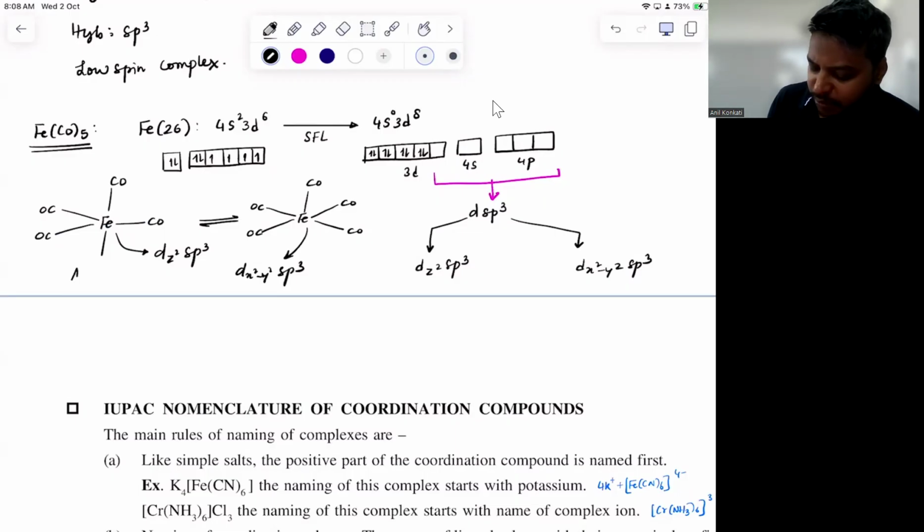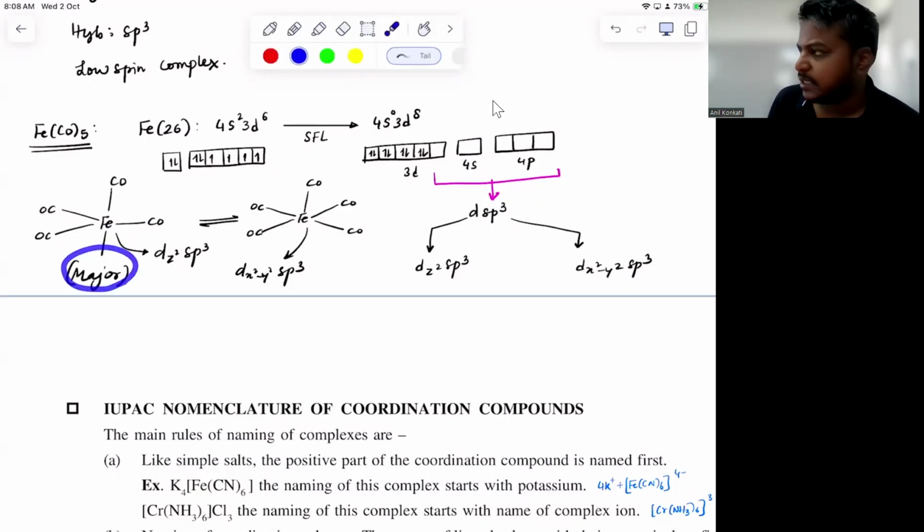Most of the time it would exist in the trigonal bipyramidal form, and if the question is asked with options given, then you go for this one, trigonal bipyramidal. But if the question asks what are the possible hybridizations, then you write both of them: dsp3 with z square or dsp3 with this one. One is trigonal bipyramidal, the other is square pyramidal.